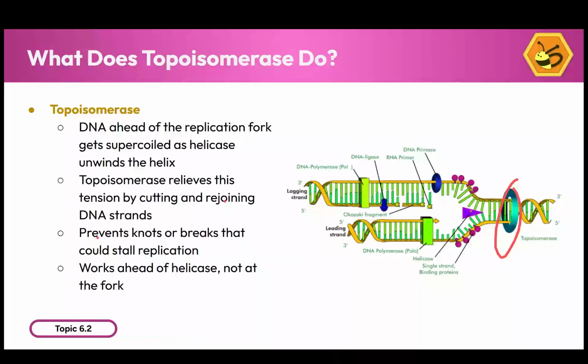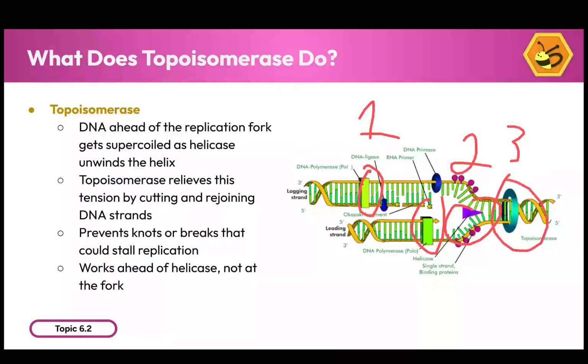Here's the order. It goes helicase, topoisomerase, and, sorry, let me revisit your question. Sorry about that. Oh, no, sorry. First of all, it's the 2 RNA polymerases. This is 1 right here. This is 2. This is the helicase. 3. This is topoisomerase. Does that make sense?